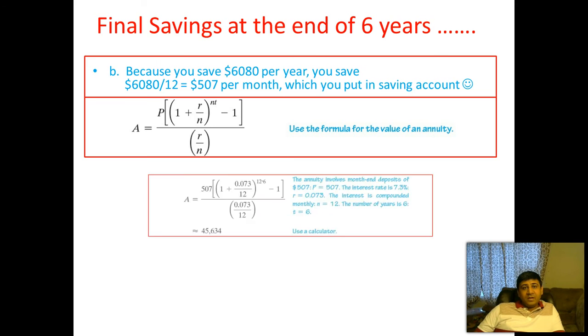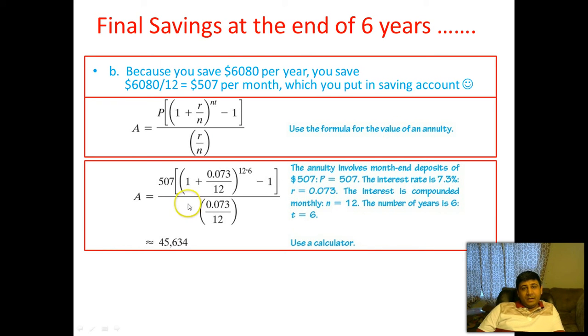Put everything into this one, and this is the accumulated value. Our interest is compounded monthly, so n is 12 here, and r is 7.3%, which I gave you, and it's not very realistic.